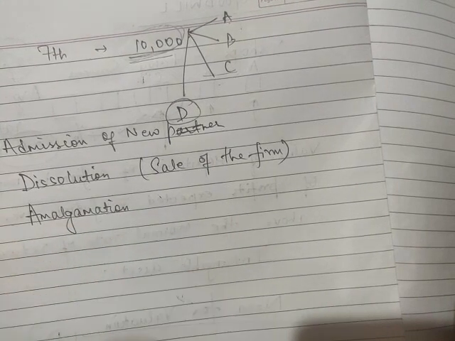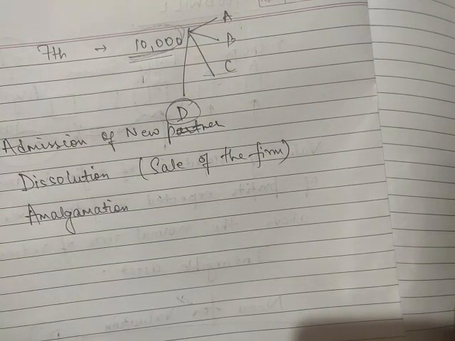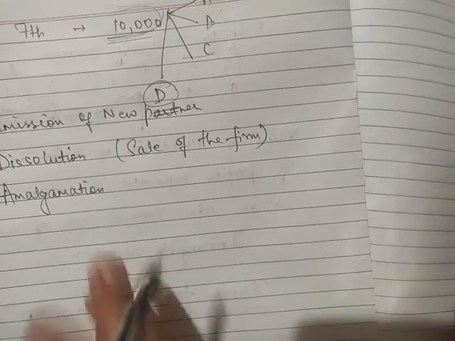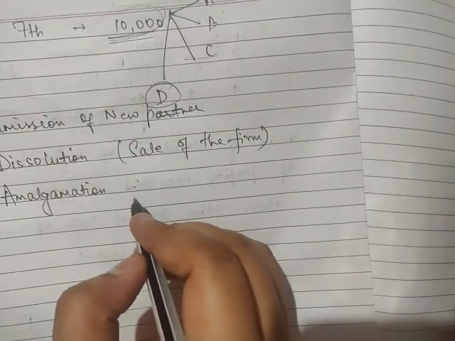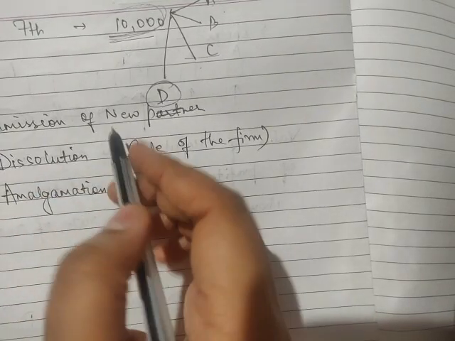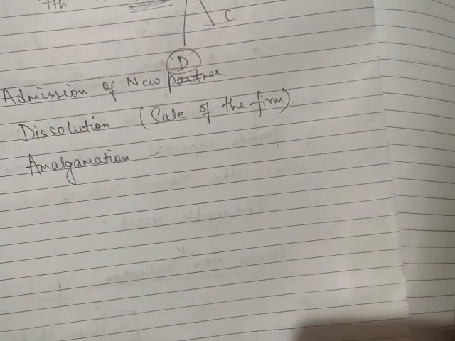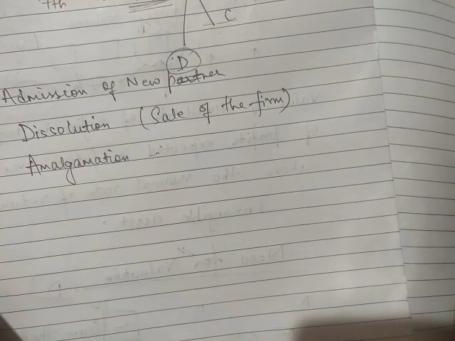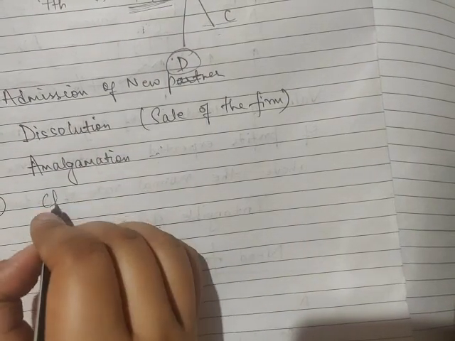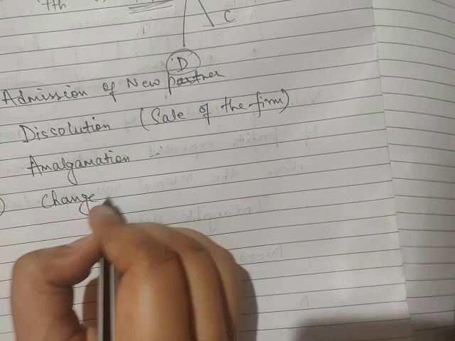Amalgamation means another firm or company is merging with the existing firm. So the partners of this firm will have to be compensated for the extra efforts they had put in, because of which the new company or the new firm is going to make profits in the future. And last is a change in profit sharing ratio.